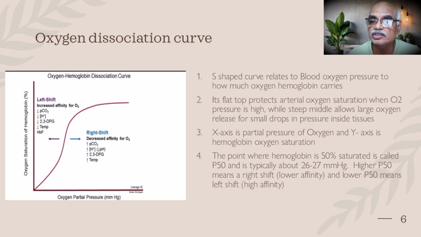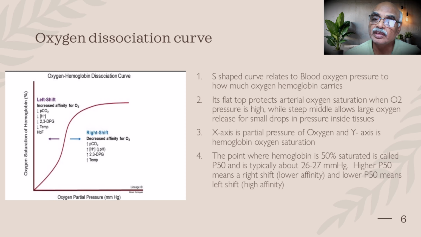And the flat portion of the curve indicates that the oxygen saturation inside the hemoglobin is maintained, and the release of oxygen is really small. Small amounts of oxygen are released in that phase.